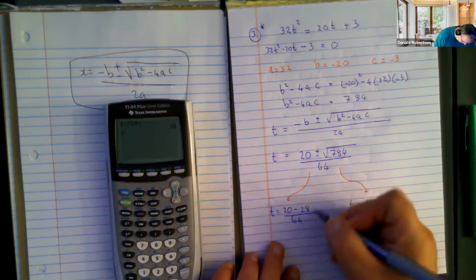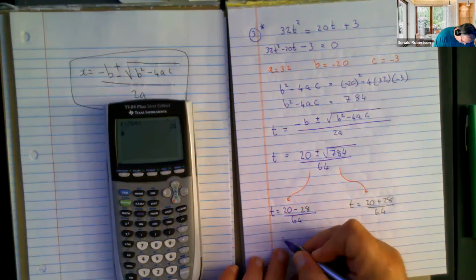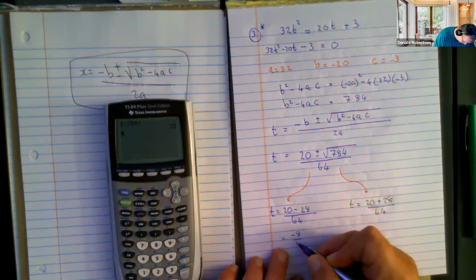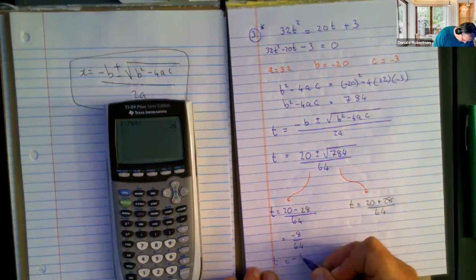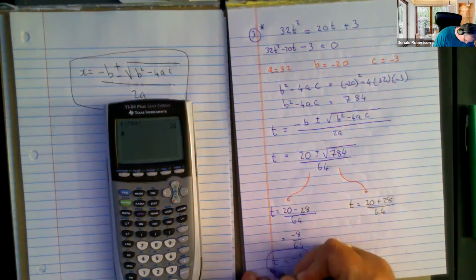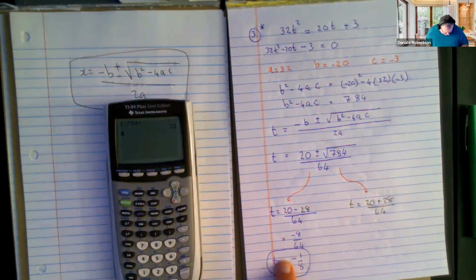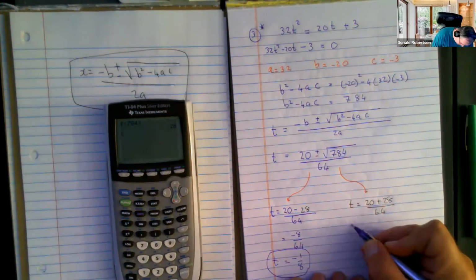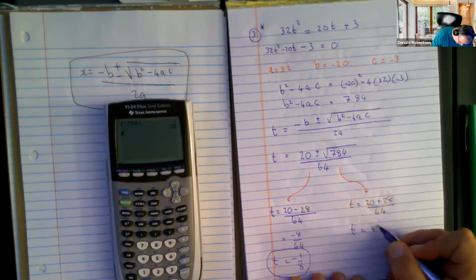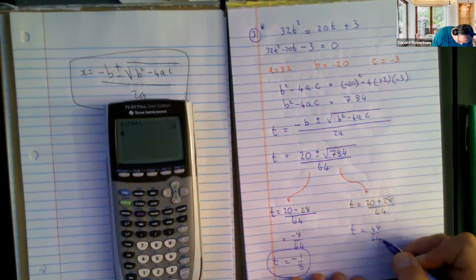Now, if you take this guy, you would get negative 8 over 64, which simplifies down to negative 1/8. So there's one of your solutions. If t is negative 1/8, it will solve this equation. And in this case here, you're going to get 48 over 64.